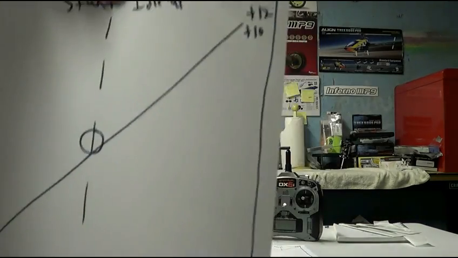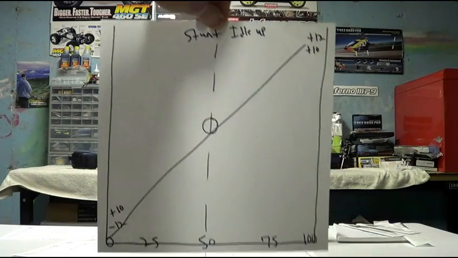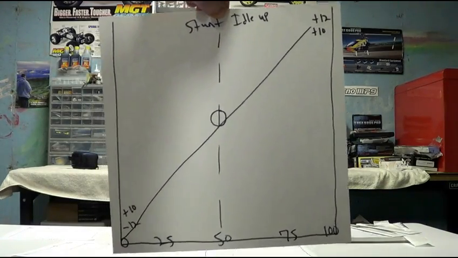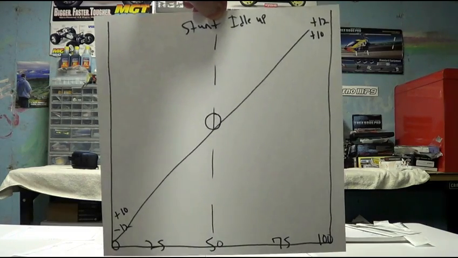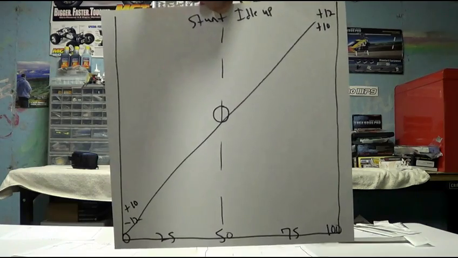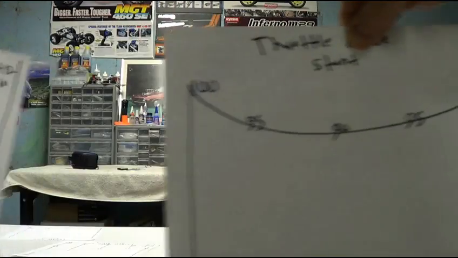This is what I was talking about, guys. This is your stunt idle up. Okay. You can see 0 degrees at 50% and then a positive 12 degrees and then down at low stick a minus 12. Now this has to correspond, guys.